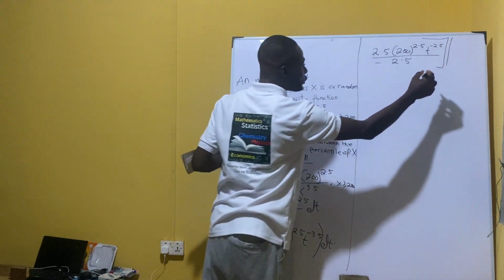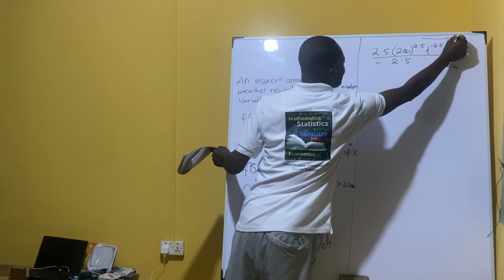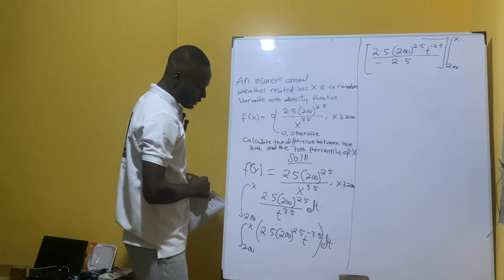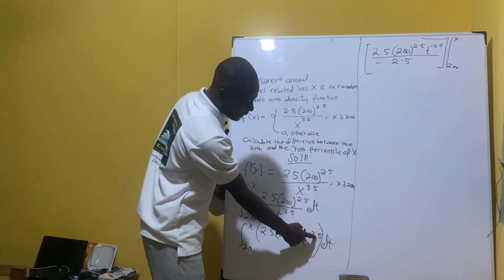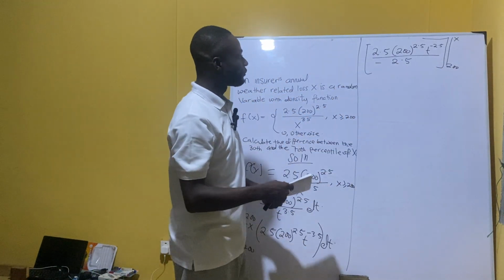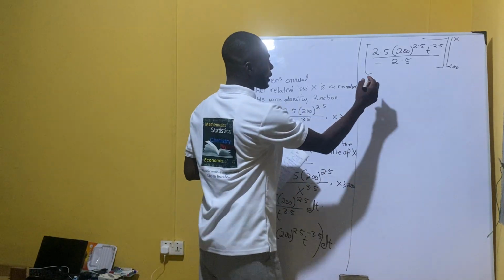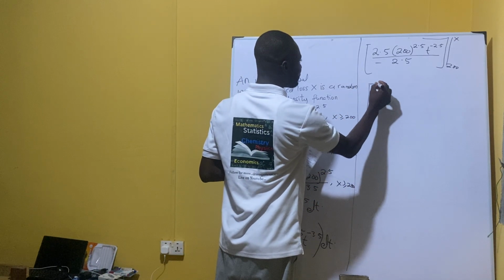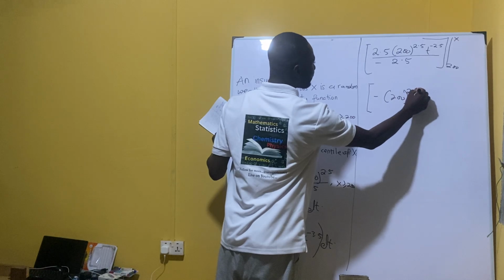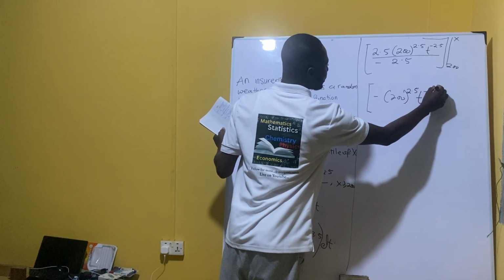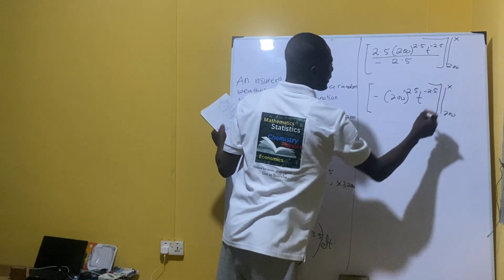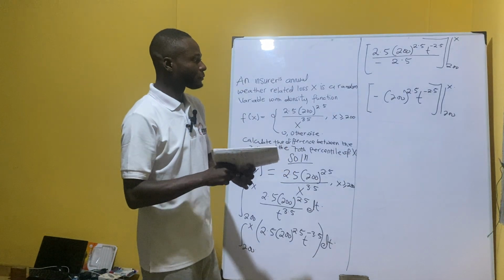from 200 to x, because when you add 1 to the negative 3.5, you get negative 2.5. So from here, we can say that this simplifies to minus 200 power 2.5 t power minus 2.5 from 200 to x.